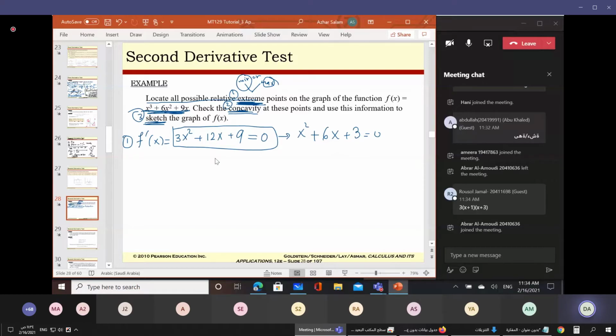I will use the quadratic formula, x equals minus b plus or minus the square root of b squared minus 4ac, all divided by 2a.